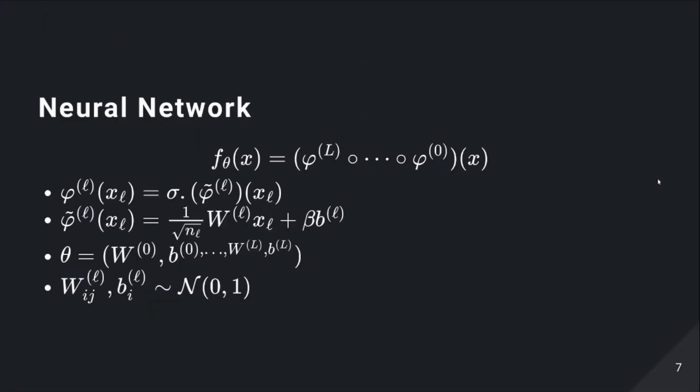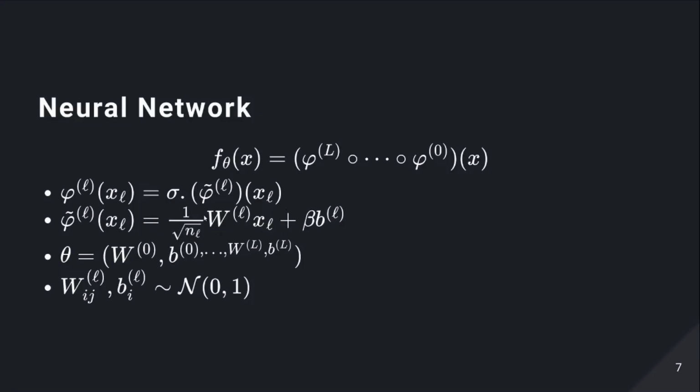Oh yeah, one short slide about neural networks. I think everyone knows how they work. The one thing to pay attention to is how we parameterize them. Notice that all of our parameters come from just a standardized Gaussian distribution, and the weights will actually be scaled by 1 over the square root of the dimension of the layer.